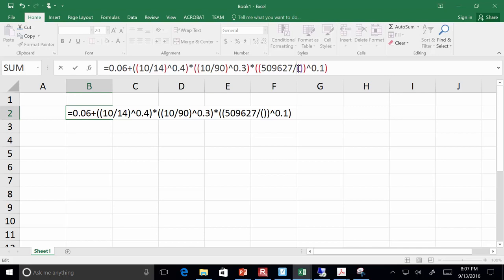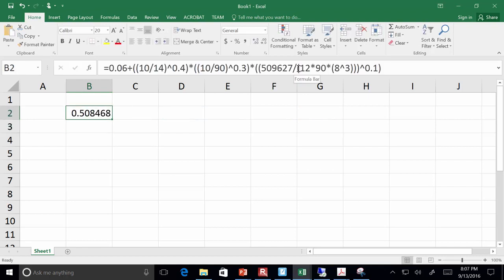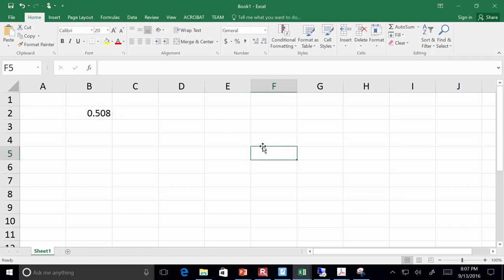That quantity is 12 times 90 times 8 cubed. Okay, and I'm getting 0.508. All right, everybody good? Did you get 0.508? Okay, there we go. That's right.